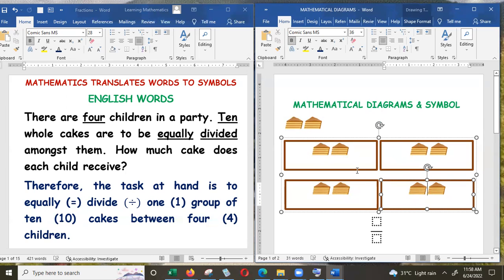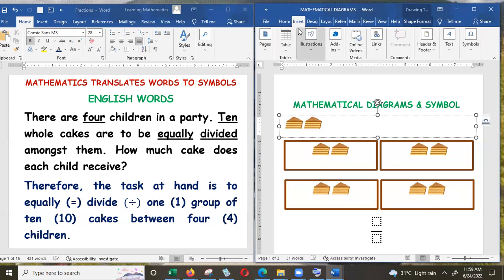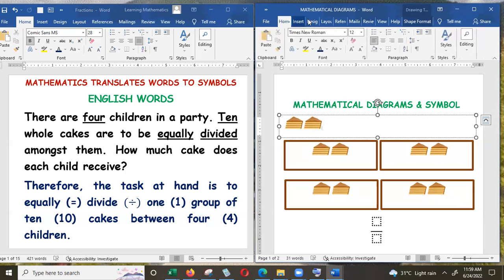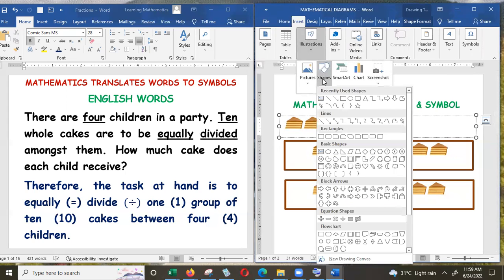So one way of doing that is by actually slicing those 2 cakes. Just slice the 2 cakes, bring them side by side and just slice them. Okay, let's see how we can do that. Bring each of the 2 cakes and just slice them.